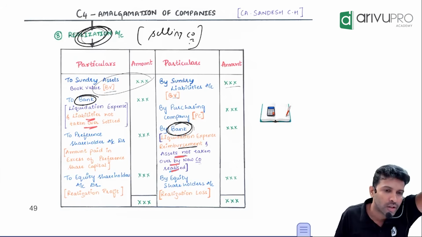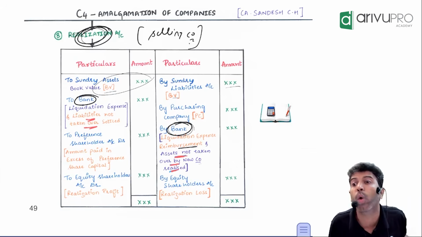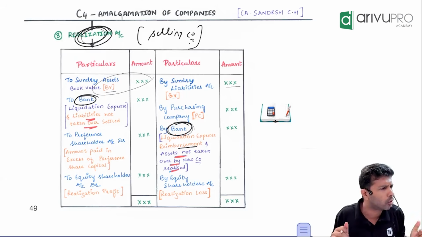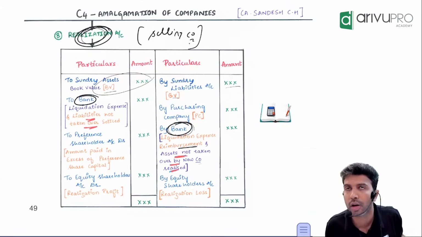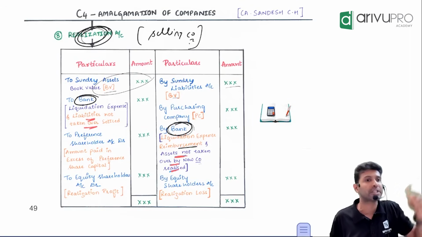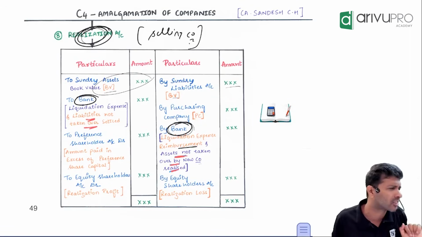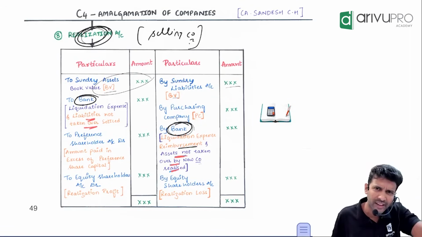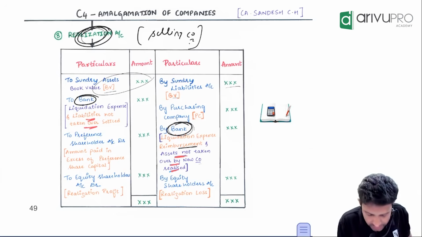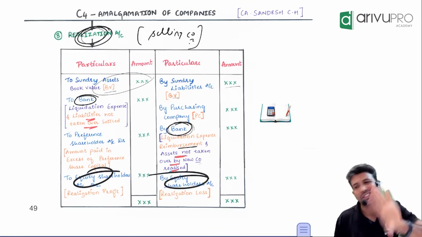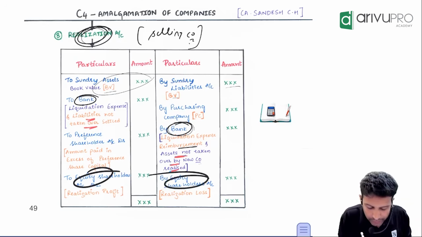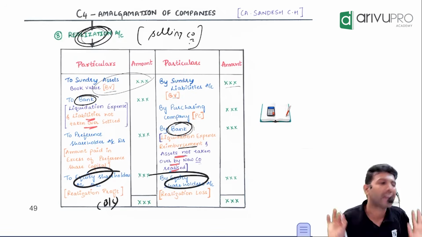Because partners were the owners. Here what will you do? The same realization profit or loss, you will transfer it to the owner. So which owner? Preference shareholder or equity shareholder? Who bears all this risk? Hence, realization profit or realization loss will be transferred to equity shareholders. That you don't have to calculate, it becomes your balancing figure.